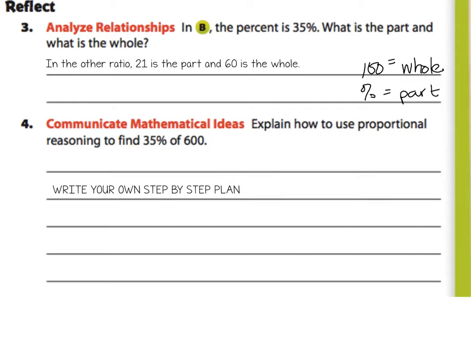Now for 4, what I want you to do is write your own step-by-step plan of how you would use the proportion. So if you had to explain to somebody using steps how you would use a proportion to find 35% of 600. So the first thing you could say is, step by step, set up a proportion.